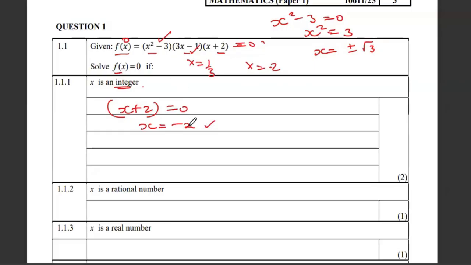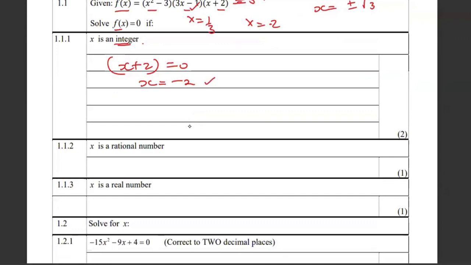Then for rational, we know that a rational number is basically a number that could be expressed as a fraction. So in this case, our x can be 1 over 3, or even x can be negative 2. These are all rational numbers.